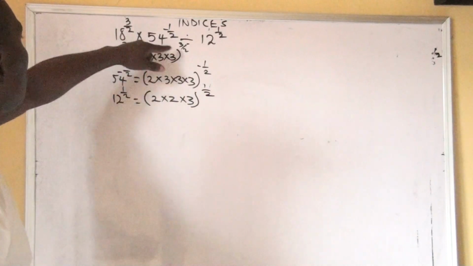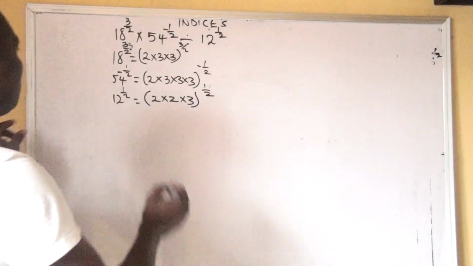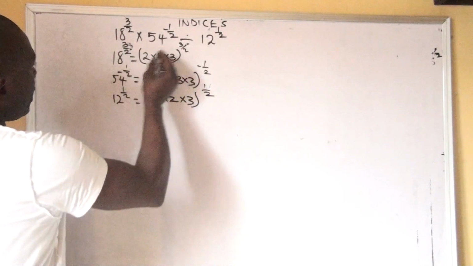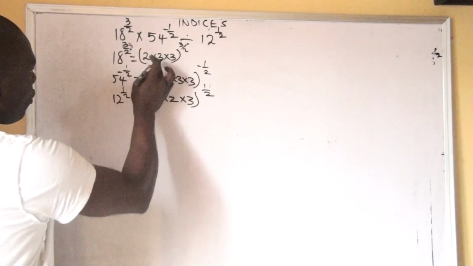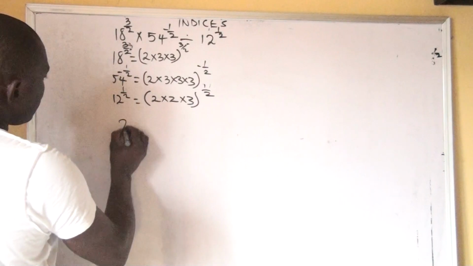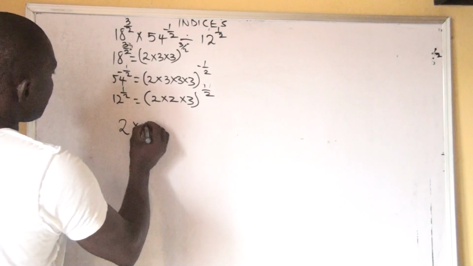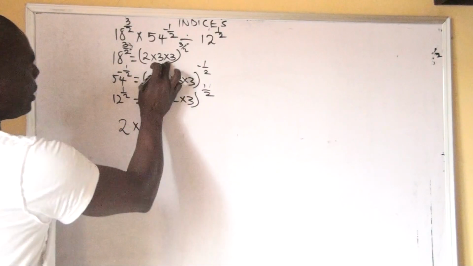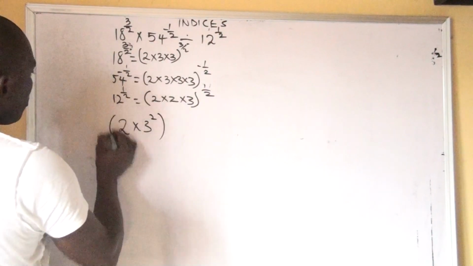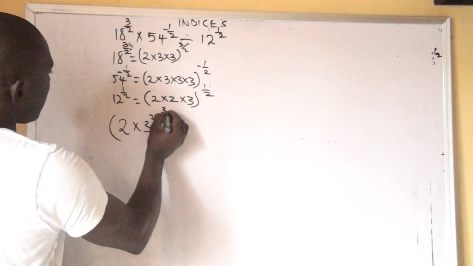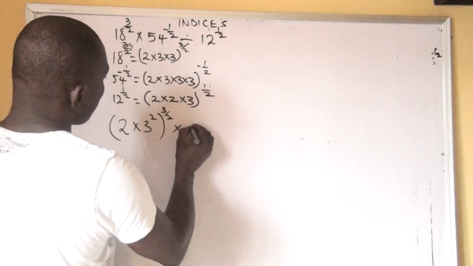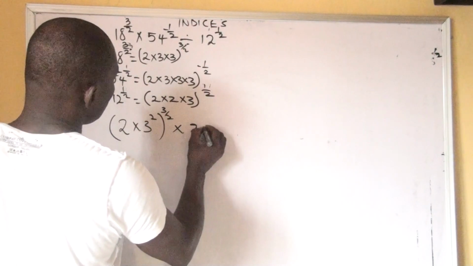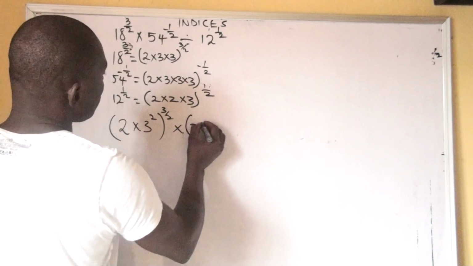So here, this one can also be expressed for that 18 raised to the power 3 over 2. This one becomes 2 times 3. This is 3 square. You close your bracket, raised to the power 3 over 2 times 54 here is 2, open bracket 2.